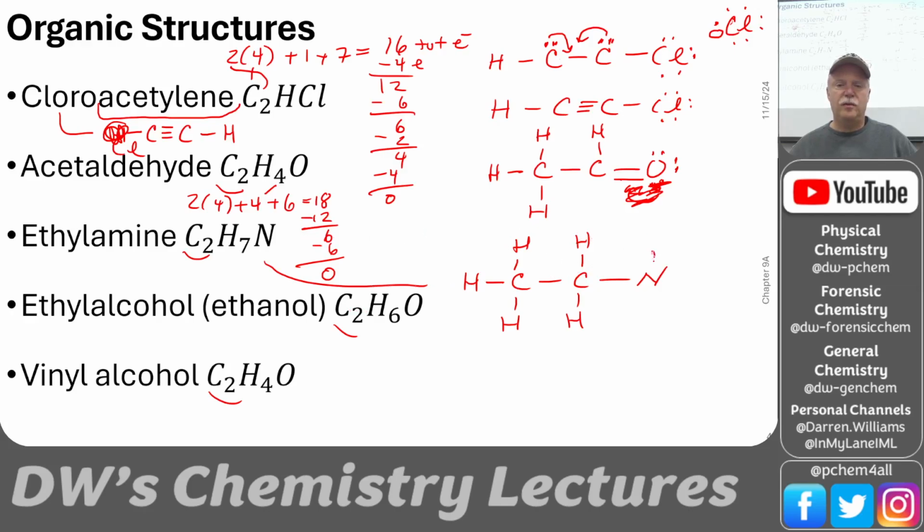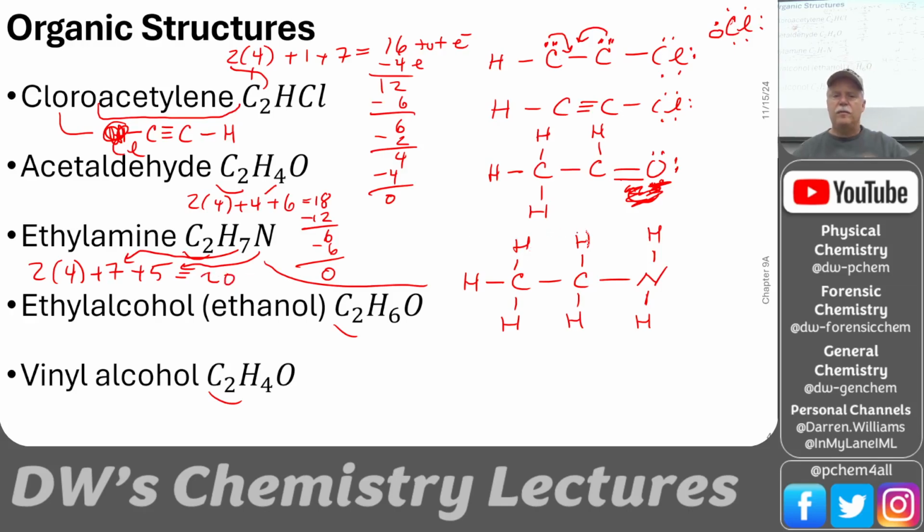We need 2 more, so we'll put 2 here. If we were to add up the total valence electrons, we've got 2 times 4 plus 7 plus 5 for the nitrogen. 7 and 5 is 12. Plus 8, that's going to be 20.